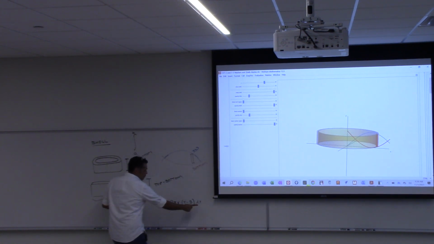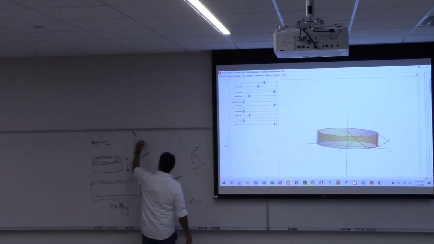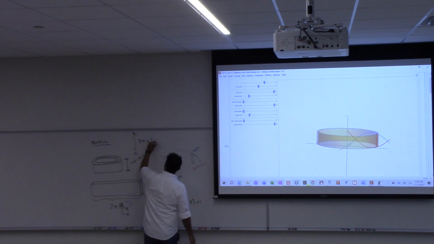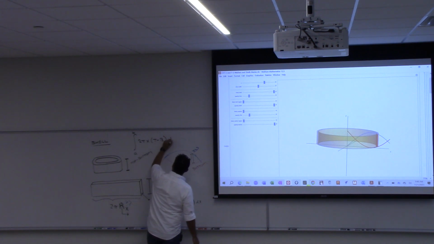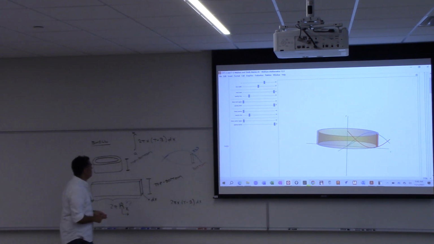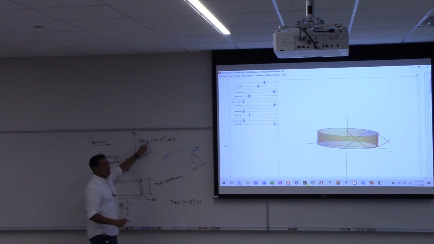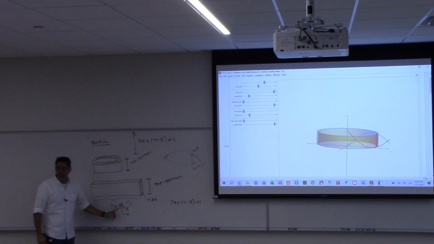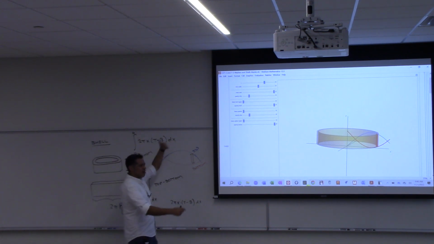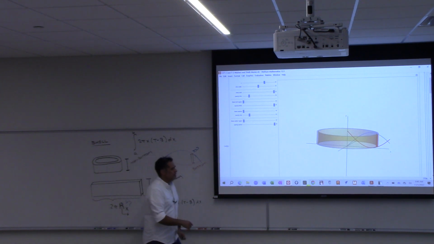And then it's going to be this formula, 2 pi x times top minus bottom dx. And what can you always pull out of that integral? 2 pi, right? Now be careful. This x is only x in this particular problem that you're looking at right here. If I change the axis of rotation, move it somewhere else, then you're going to have to figure out what it is. Top minus bottom is just the top function minus the bottom one.